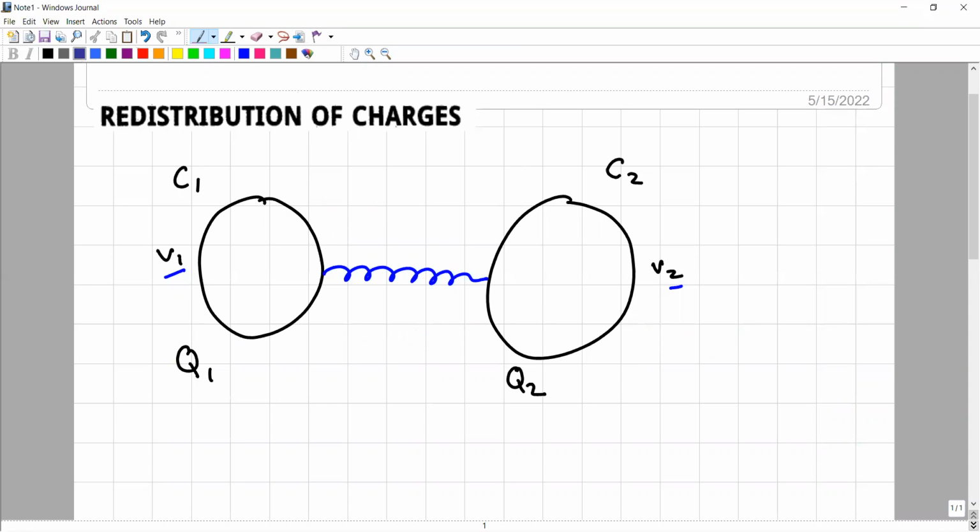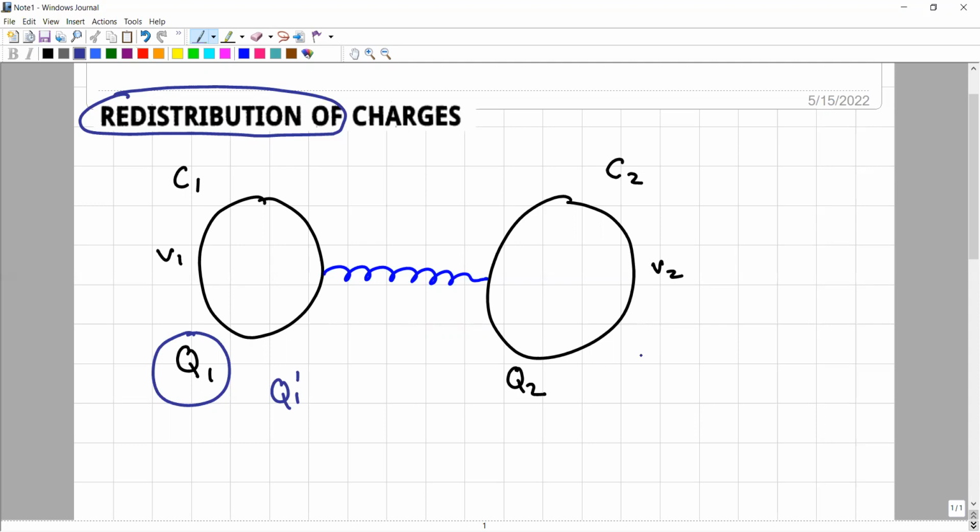Now, originally these two capacitors had a charge of Q1 and Q2. You can see Q1 and Q2. But after redistribution, that means after some charge flows from here to here or here to here, there would be new charge on these capacitors. That means after the redistribution of charge has happened, the charge on the first capacitor is going to change, and the second one is also going to change.